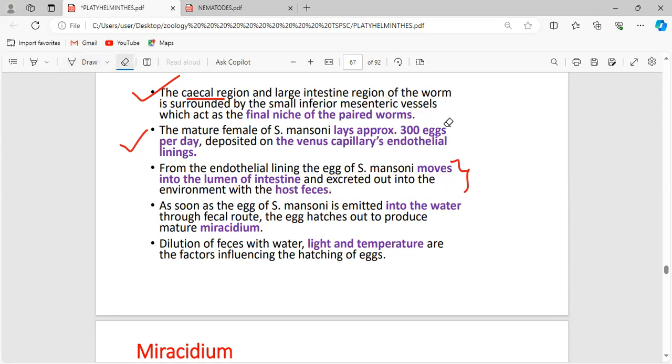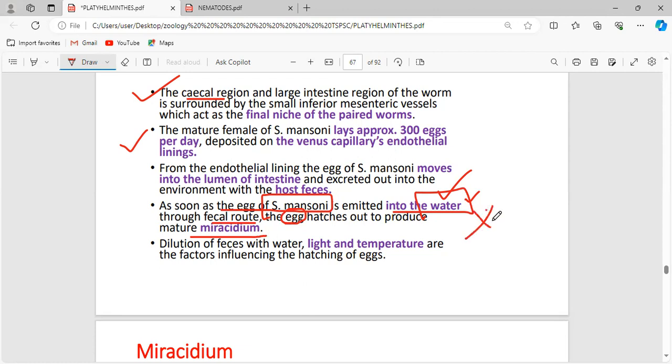Through the fecal route, it has to reach the water. As soon as the egg is emitted into water, from there water is necessary for the eggs to hatch out into miracidia.